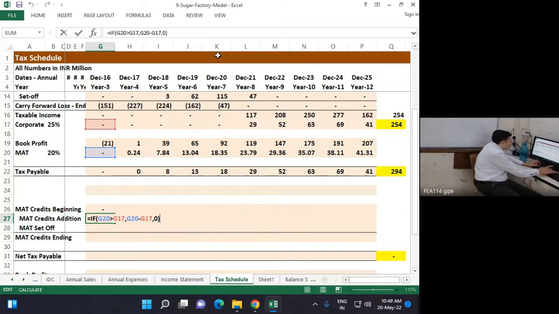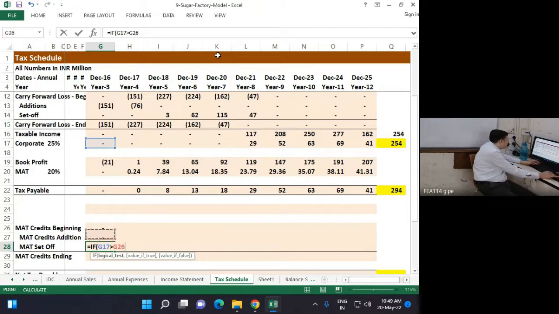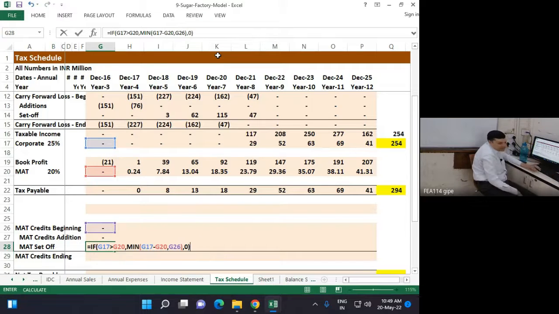And then MAT set off. If corporate tax is more than MAT, if reverse is the case, then set off will happen to the extent of corporate tax minus MAT or opening credit.